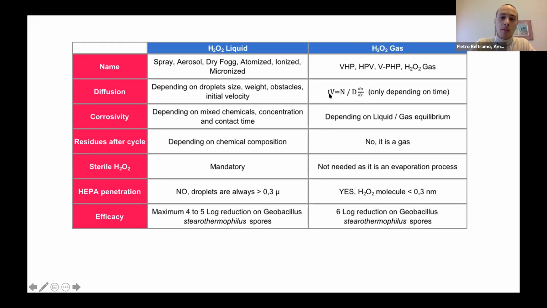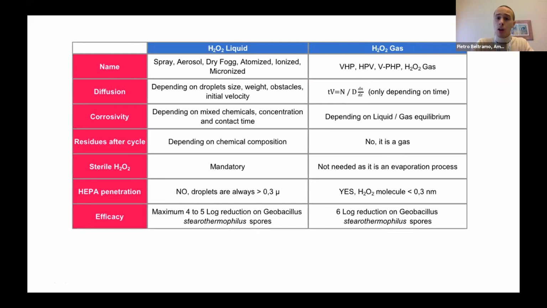The numbers only depend on the kind of molecule you take into consideration. Oxygen will have a time of expansion. H2O2 will have another time of expansion. If you take nitrogen, it will have another different time of expansion. But the only point is the time.